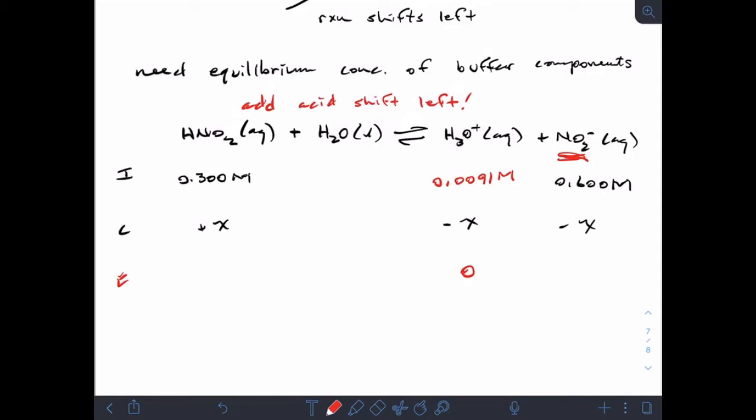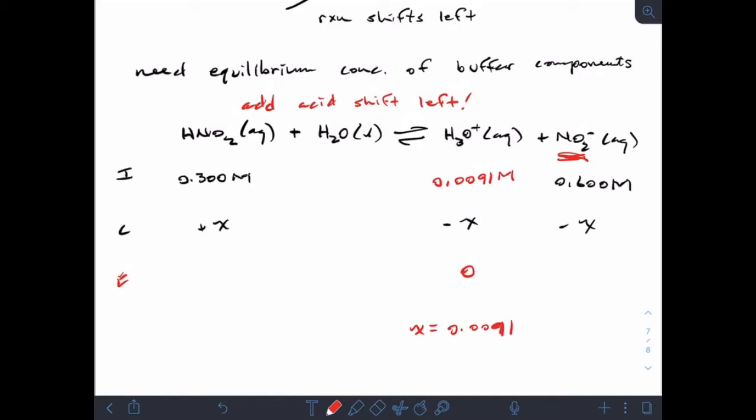So that means that X is 0.009. And I know that it's going to neutralize all of the acid because I will still have some base left over. It's a 1-to-1 ratio, acid to base. So I'm still going to have some of that original 0.6 molar base left over after all of the acid is gone.